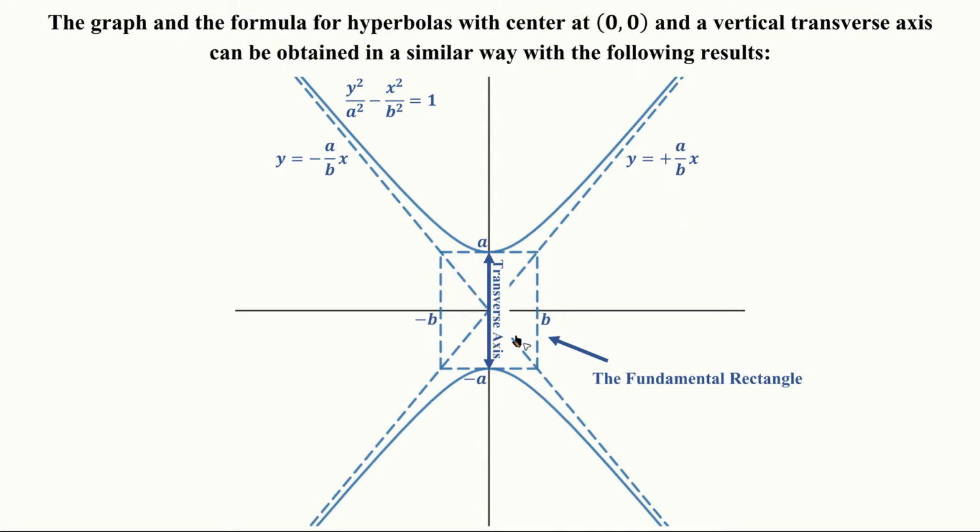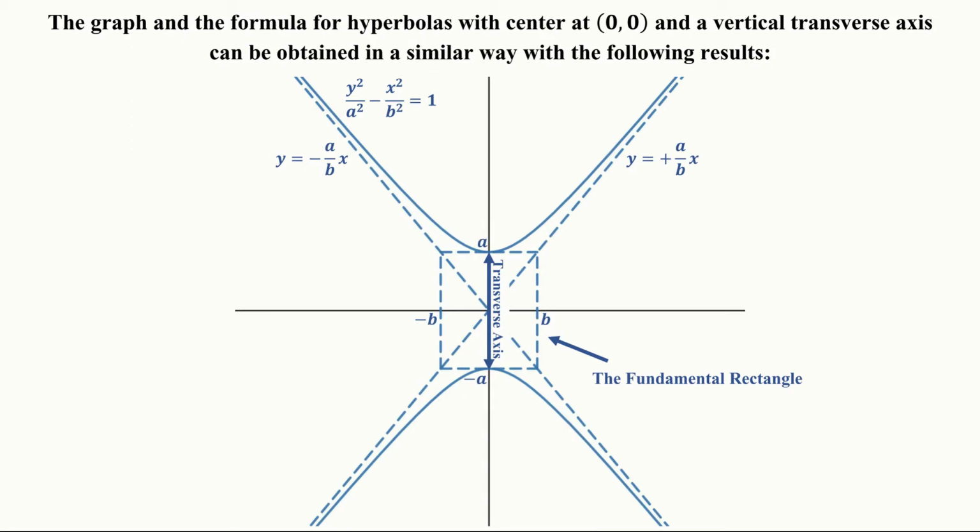Otherwise, if you just want to graph, all you need is the fundamental rectangle, which you can form quickly using a and b. From a and negative a, you draw vertical lines, and through b and negative b, you draw horizontal lines, and then you form your rectangle. That's it. And you know that the asymptotes are going to go through the four corners.